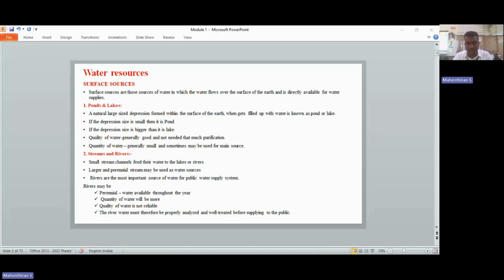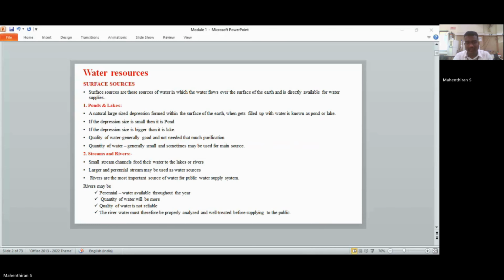In terms of usage, the pond usage is limited and the lake may serve as the major water supply to the cities. So the simple way to remember is, if it is a small depression, we are referring to it as the pond. If it is a larger depression, we are referring to it as the lake.